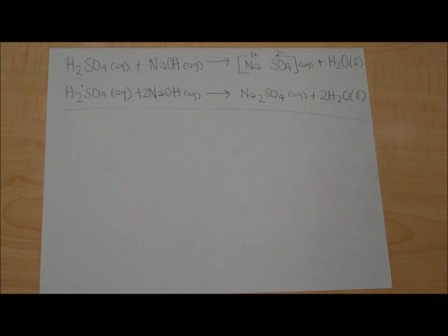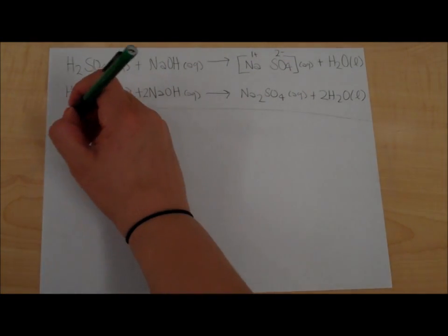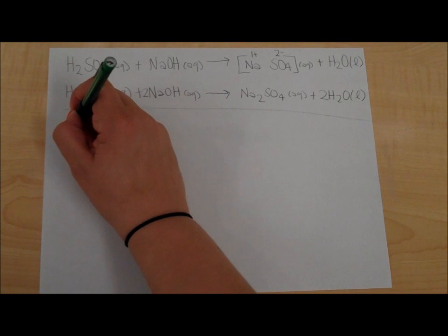After you get your balanced molecular equation, you can write your total ionic equation. In the total ionic equation, you need to represent everything from your molecular equation as ions. After you write it all out, make sure all your ions are balanced. So we just want to break this up into H+.